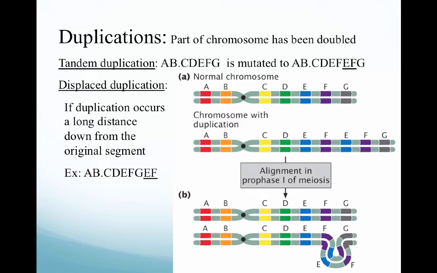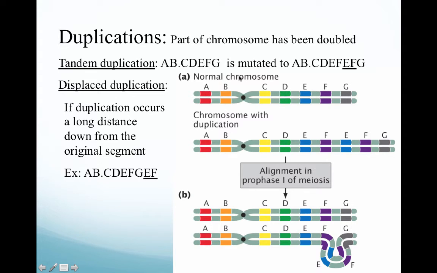So let's first start talking about duplications. There's two main types of duplication: tandem and displaced. Tandem duplication is where you're going to have genes that are repeated right after the original set of genes.